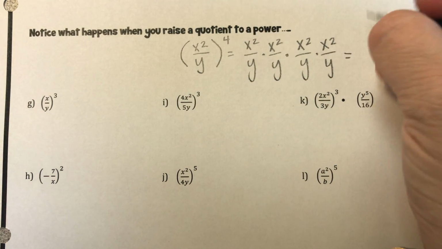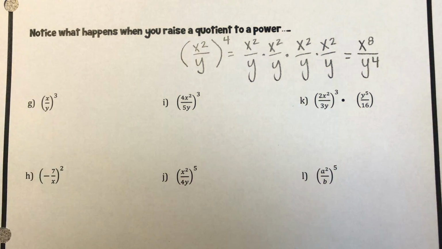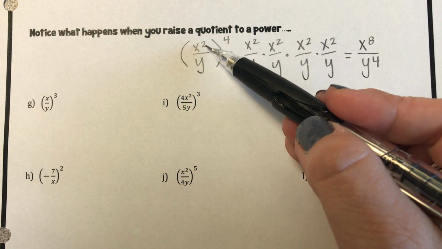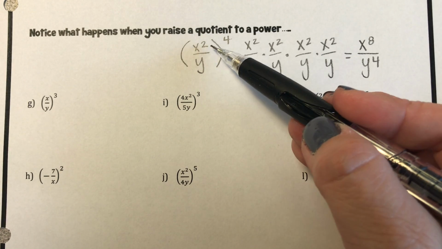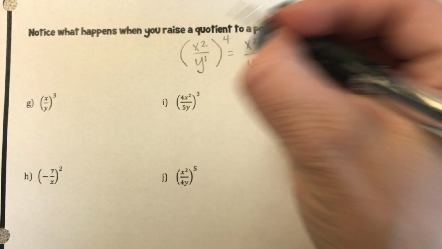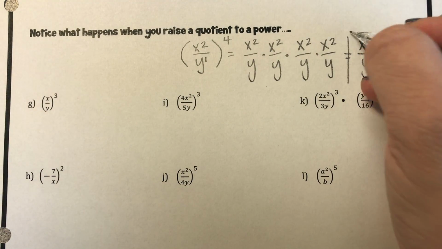So on the numerator, that's x to the 8th, and in the denominator, y to the 4th. All I'm doing is exactly what I did yesterday. When I have a power to a power, I multiply the exponents. 2 times 4 is 8. This has a placeholder exponent of 1. 1 times 4 is 4.